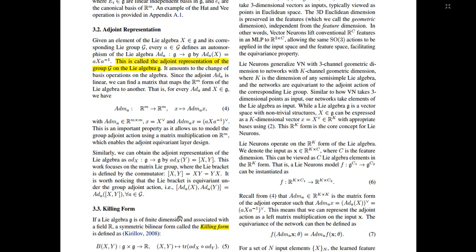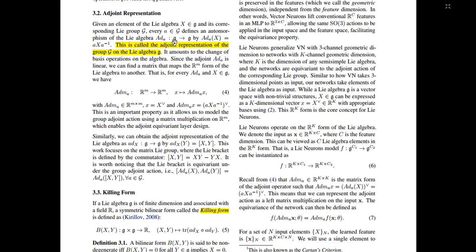The concept of the adjoint representation is defined also using a map from the Lie algebra to the Lie algebra, but we take some elements from the Lie group, like we have A X A minus 1, so we apply this product.